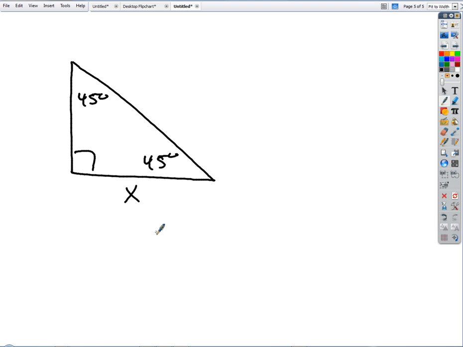If it's isosceles, what do I know about the base angles? They're congruent, the same. So that's going to be x, right? So those are always the same. And the magic number that links the legs to the hypotenuse of a 45, 45, 90 is the square root of 2. So I'm either multiplying or dividing by the square root of 2, and that's it.